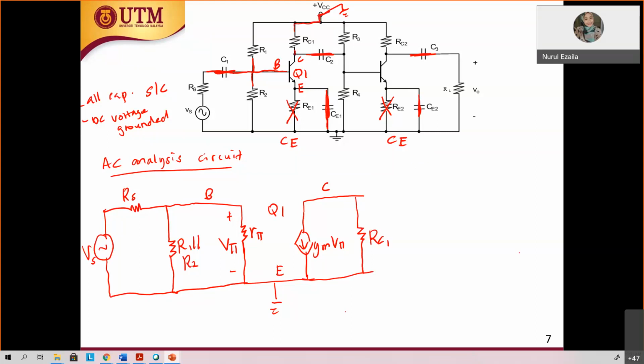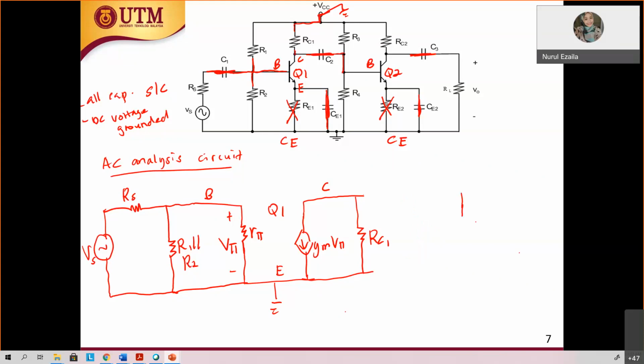Stage 2 will start at the base of Q2, since this is common emitter. So let's draw the hybrid pi model first. You have R pi, and I don't want to draw it too near, so make it a little farther over here.